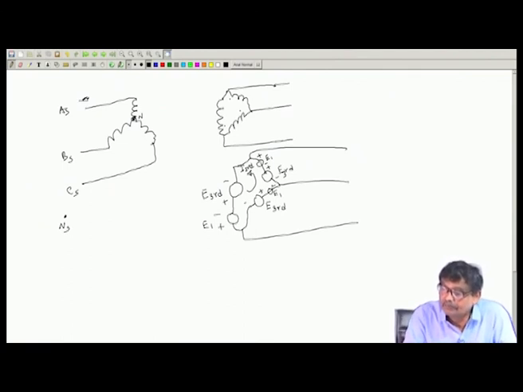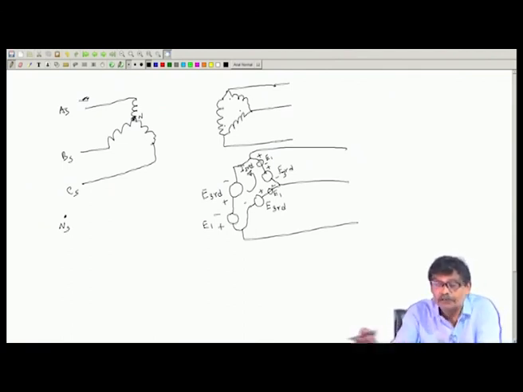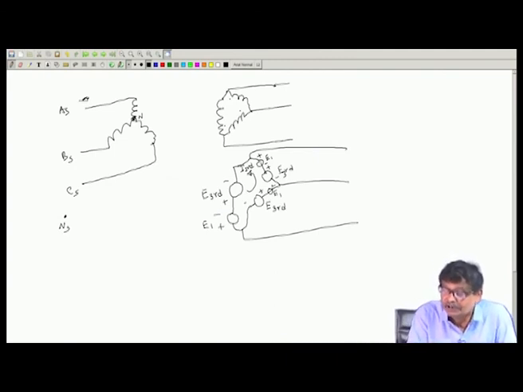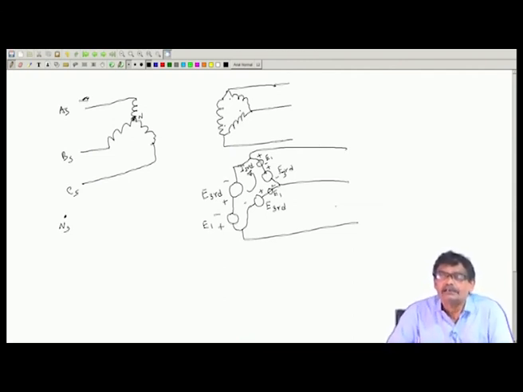and this current will not be reflected in the lines, because in the lines there is no path for return, that is E third will come here and find a path here, no, that is not possible. So, even if you connect a load, only the fundamental component can exist in the 3 lines, they cannot have any third harmonic current.